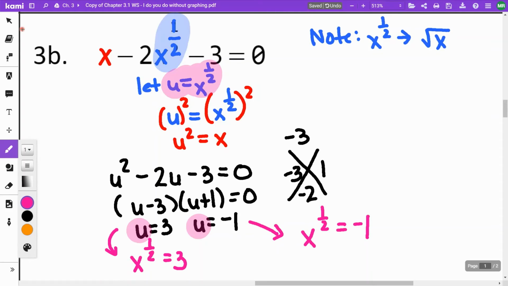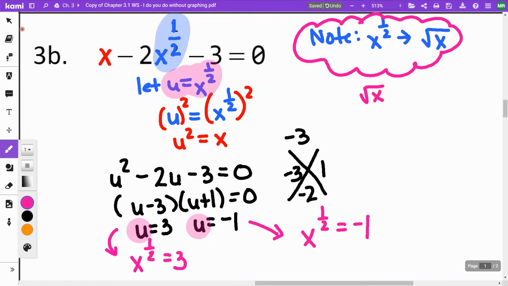Now, remember that x to the 1/2 is the same as the square root of x. And remember that when I had the square root of x, this was equal to the principal root, and the principal root is positive.